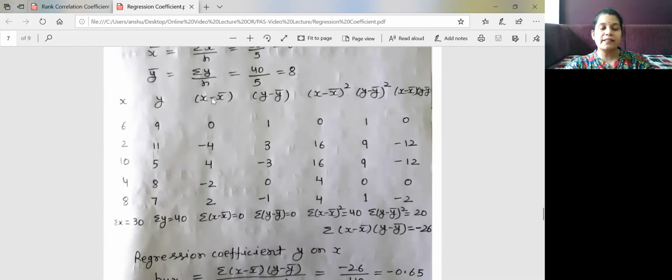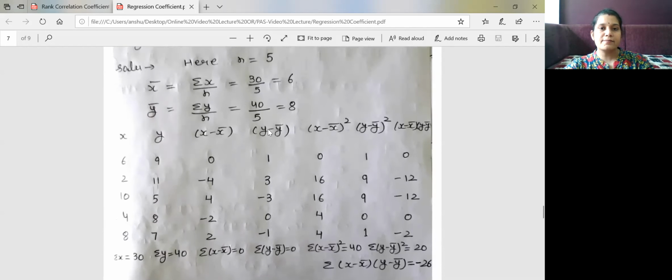First we write x minus x bar. That means what? Our x is 6, 2, 10, 4, 8, and our x bar is 6. So here 6 minus 6, 0, 2 minus 6, minus 4, 10 minus 6, plus 4, 4 minus 6, minus 2, and 8 minus 6, plus 2.